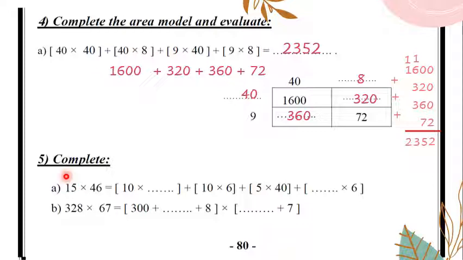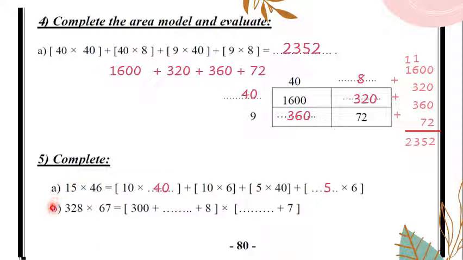He distributed the 10 times 40, then 10 times 6. He wrote for me 10, so the missing number is 40, then 10 times 6, he already wrote it for me. Then let's distribute the value of 5. 5 times 40, he solved it for me. Then I'm going to do 5 times 6.